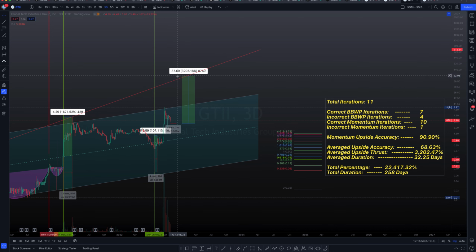So it does have some confluence with us reaching this level right over here, and it looks like it could potentially touch this 3,000% upside by possibly end of year or beginning of the next year, you guys.